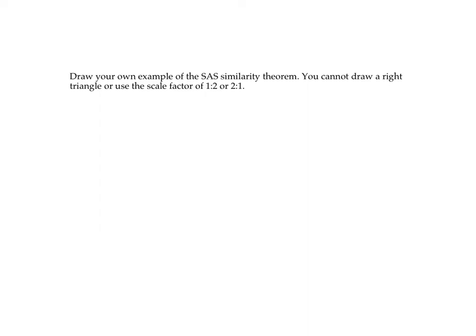Okay, just in case you couldn't come up with one on your own, here's an example for you. My first triangle, I'm going to call it triangle ABC, just to keep it easy. And I'm going to tell you that this angle is 110 degrees. And these two sides are 8 and 16. Notice how I'm using the sides that make up that angle.